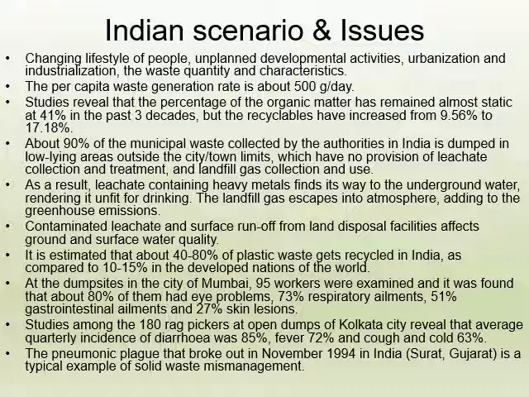Studies among 180 rag pickers in Calcutta city at open dumping sites reveal that the average quarterly incidence of diarrhea, which is an intestinal problem, was 85%, fever 72%, cough and cold 63%.